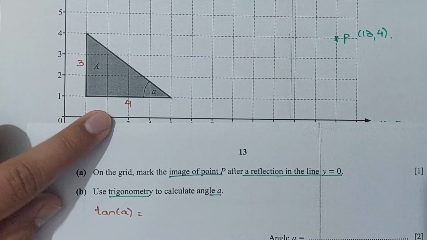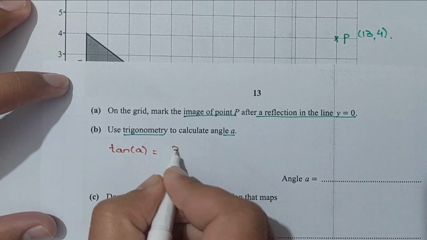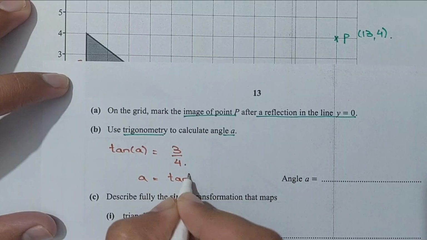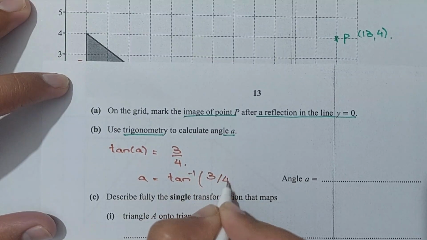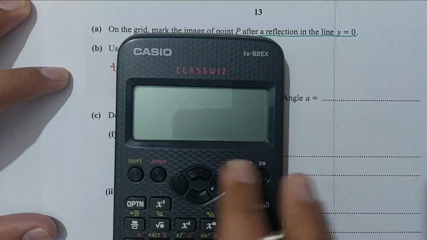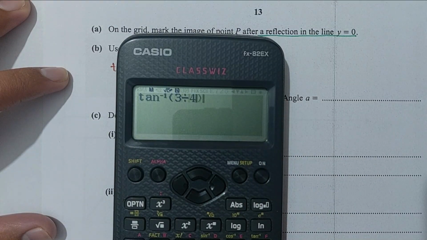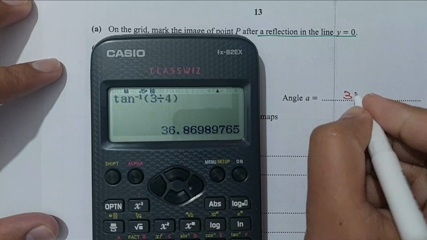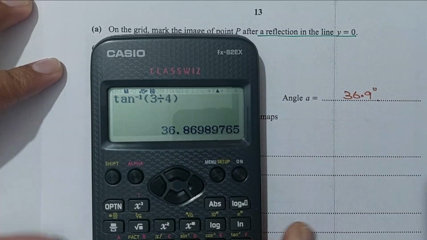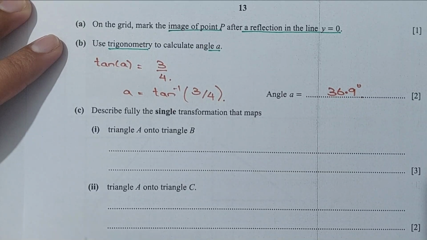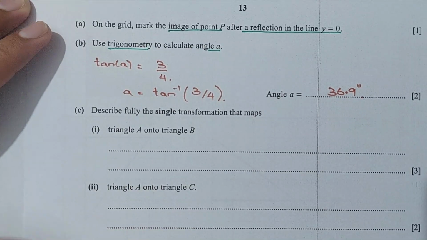Opposite is 3 and the adjacent is 4. 3 by 4. So what is A? Tangent inverse of 3 by 4. Let me simplify. Tangent inverse 3 by 4 is 36.86, or 36.9 degrees.